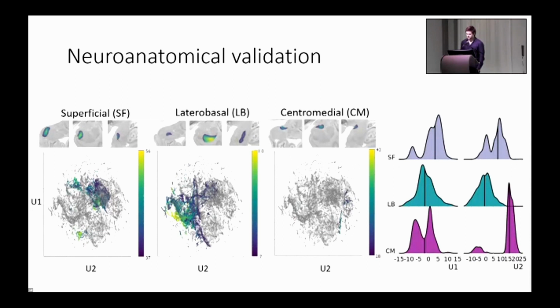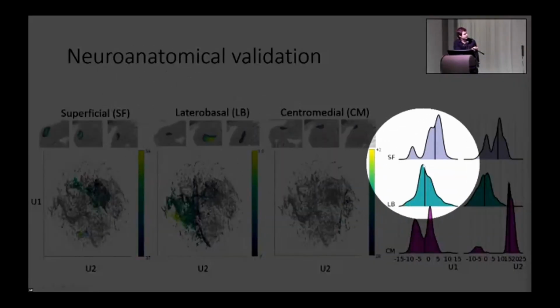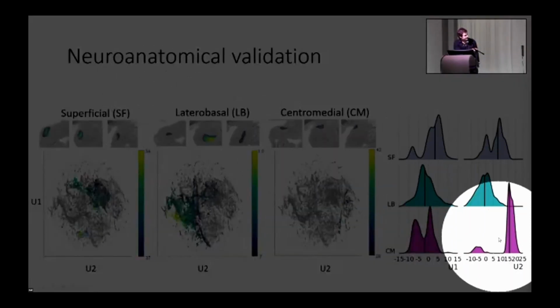So plotting these probability values, the retained voxels of each subregion show that UMAP could dissociate these 3 established cytoarchitectural subdivisions. We find that the 3 subdivisions are primarily characterized by U2 components. This is also shown here in the ridge plots to the right, where we can see the medians vary significantly.